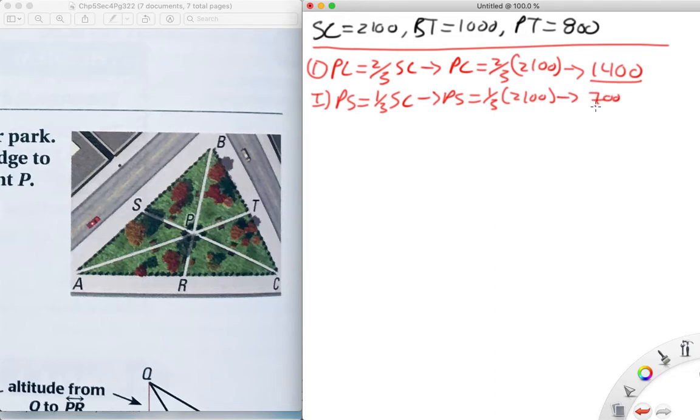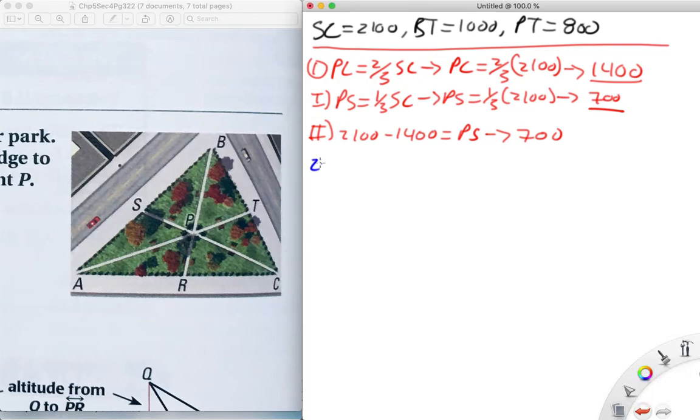Now it makes sense because 700 plus 1400 is 2100. Or you can just subtract 2100 minus 1400. That must be PS, because that's the remainder that's left, and I already know what the whole distance is. So I can use the segment addition postulate. And that gets me 700. Either way, I'll get 700. All right, so that's number one.